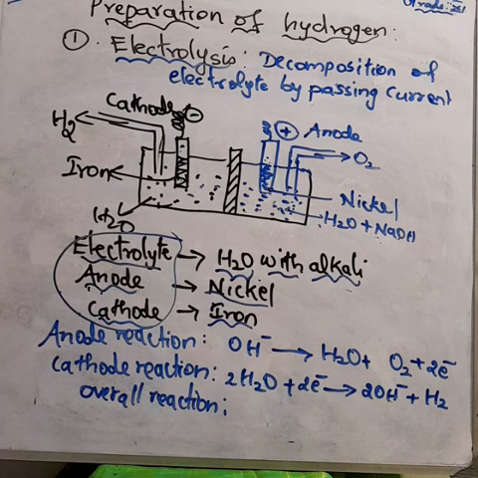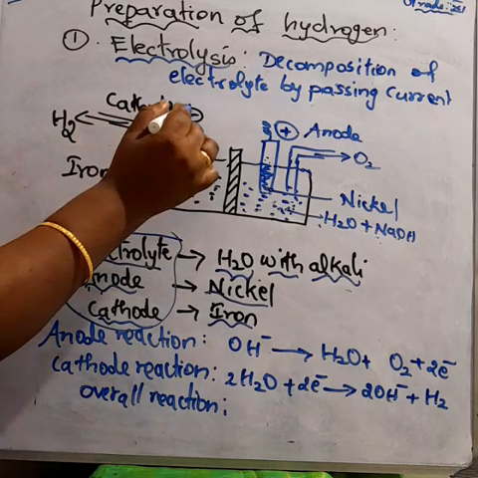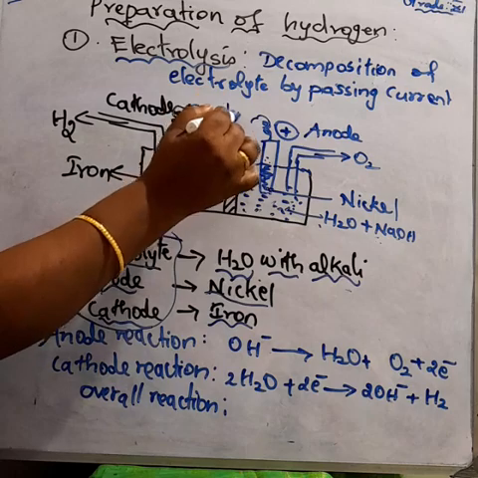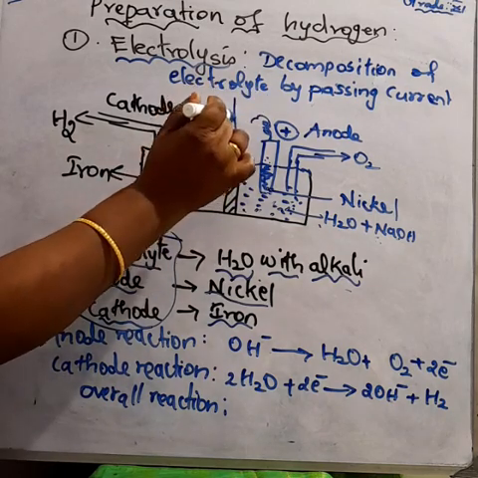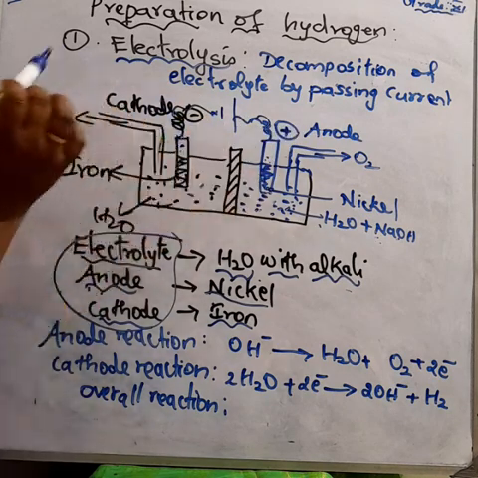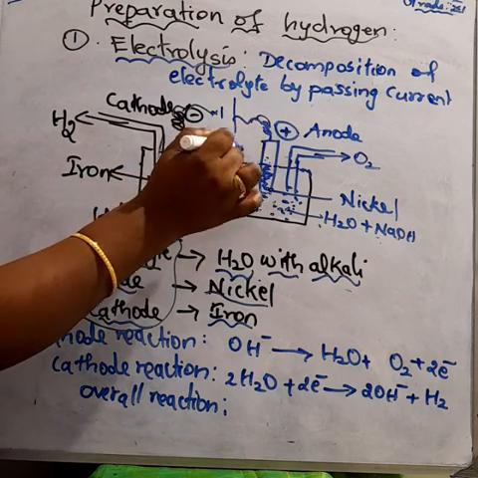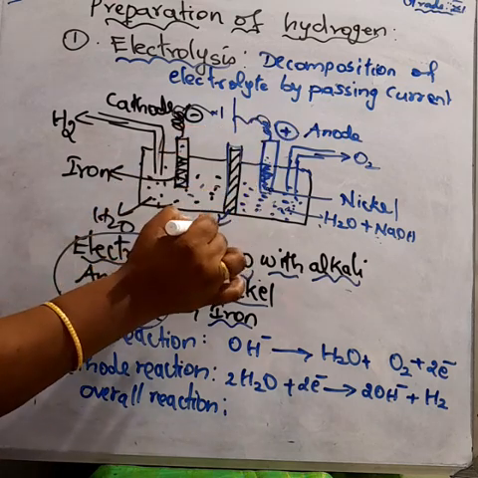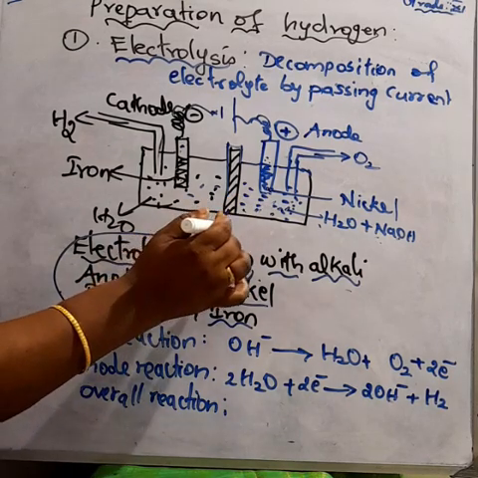When we connect these 2 electrodes to a battery, current is passed through the electrolyte. This is the electrolyte, this is the anode, and this is the cathode. These 2 electrodes are separated by a membrane, an asbestos diaphragm cell.